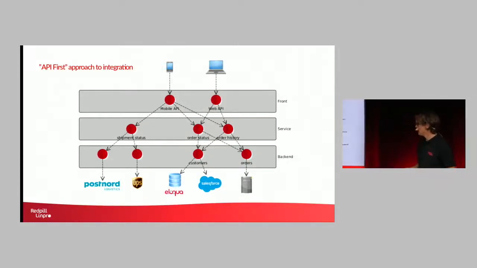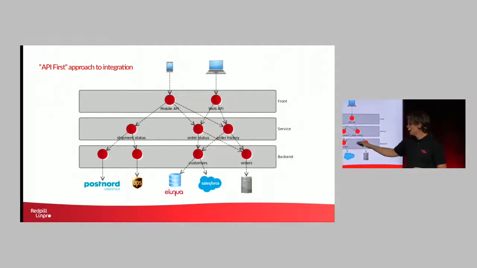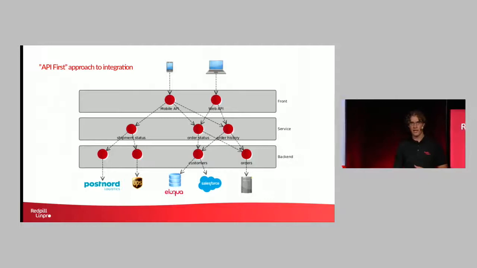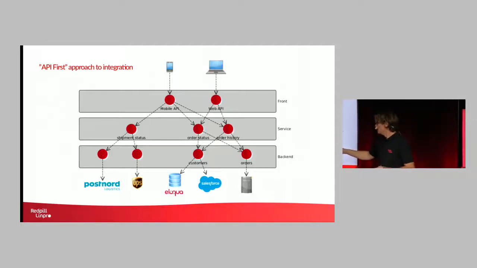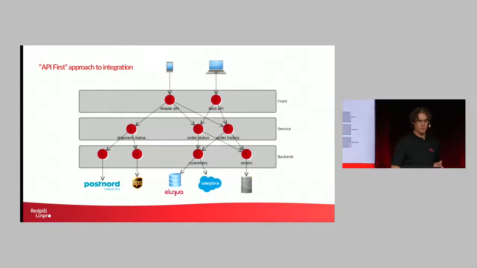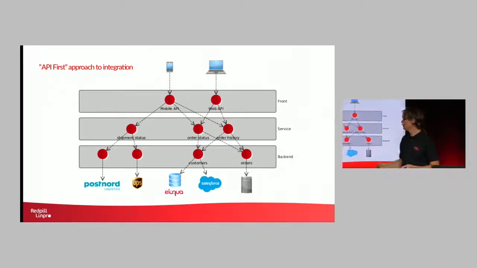What we do is we build these backend APIs, which expose the data from the different systems as a canonical data model for the customer data and for the order data. This information is then reused in the service layer where we implement a business process. So in this case, we have the business process of getting the status of a certain order or getting the order history for a certain customer.